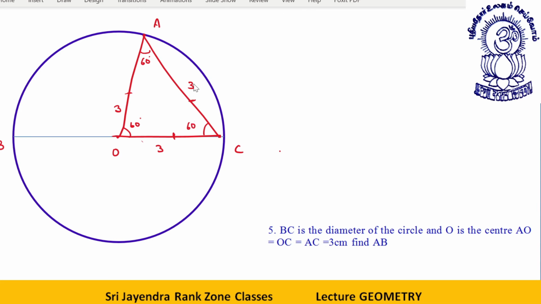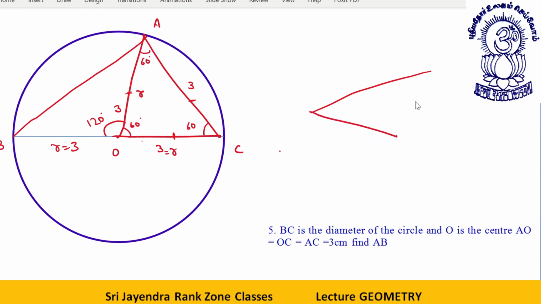Fine, find AB. You have to find the length of this AB. Again, dear students, look, this is a radius, this is also radius, this is also radius, so all these are equal. This angle is 120 degree. We have discussed this property many times.